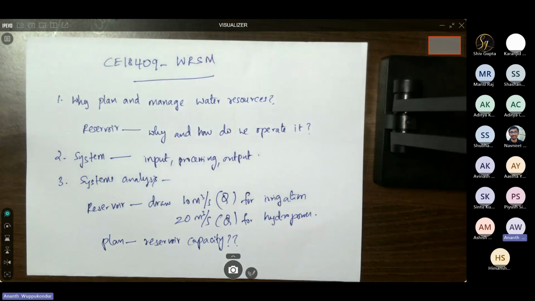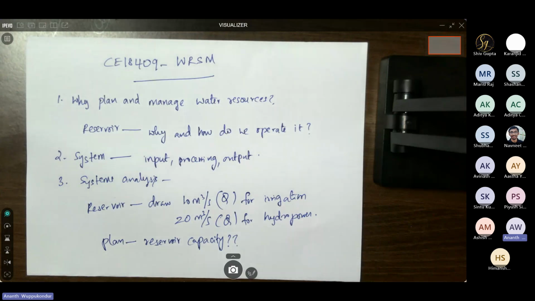So why do we need to have minimum capacity for a reservoir? Do any of you have any thoughts? If we have maximum capacity as much as possible, that is going to cause inundation on the upstream of the dam.